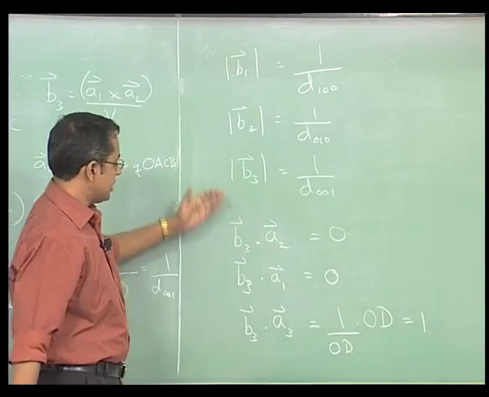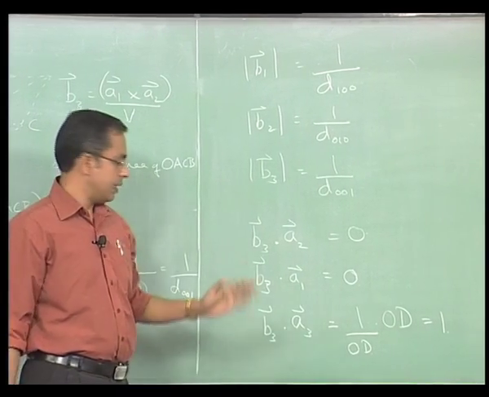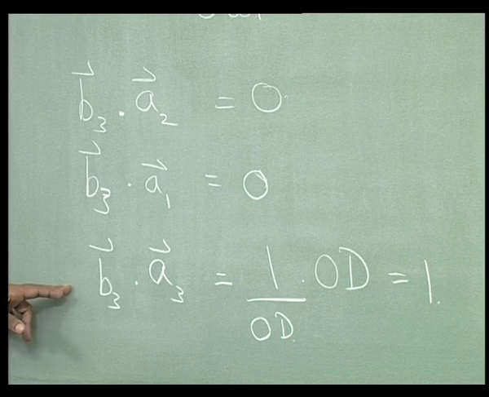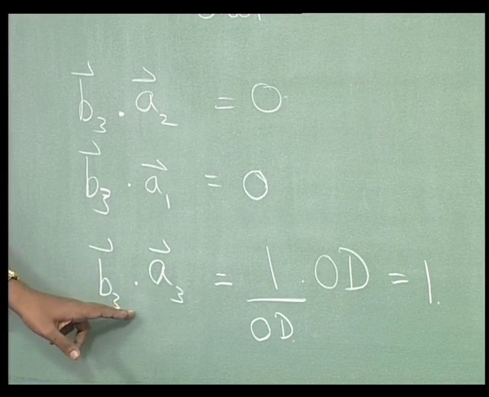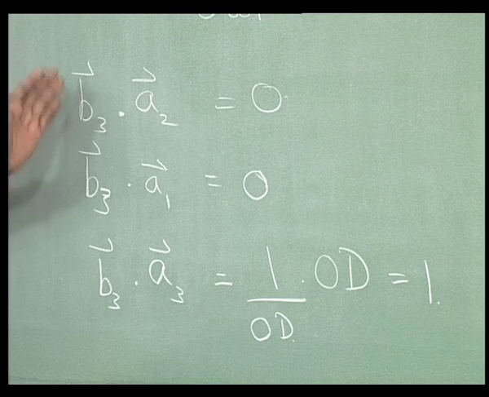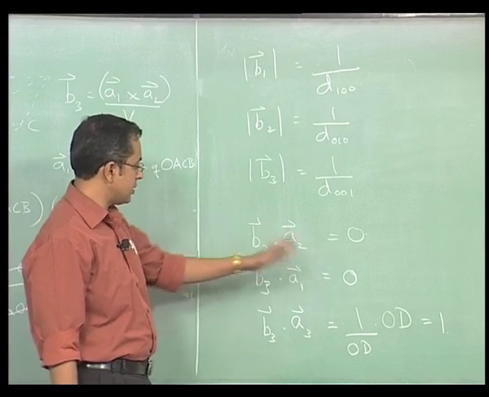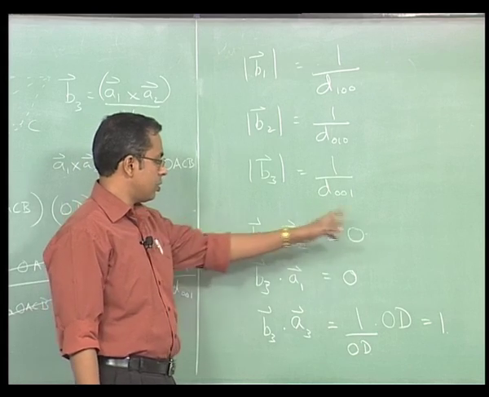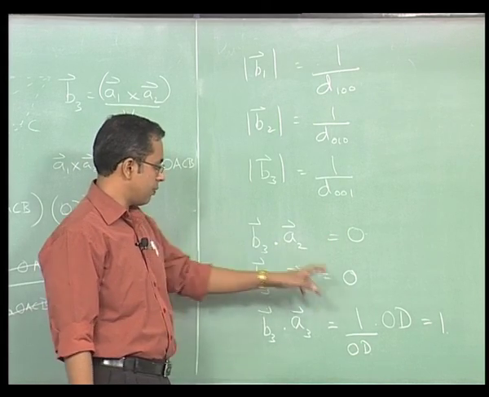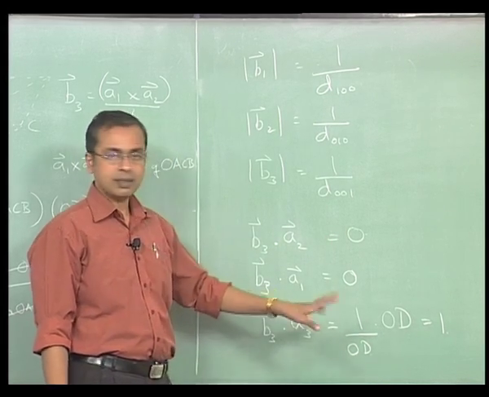So we find the relationships between the reciprocal lattice vectors and the real lattice vectors based on how we have defined those vectors, okay. Based on how we have defined those vectors creates the situation where B3 dot A2 is 0, B3 dot A1 is 0 and B3 dot A3 is 1.